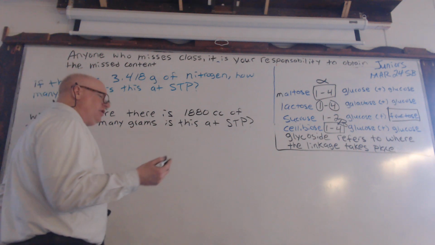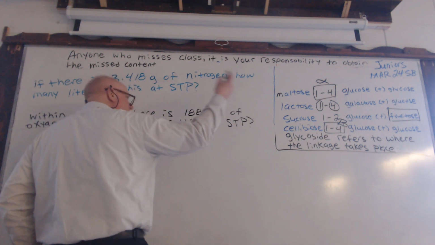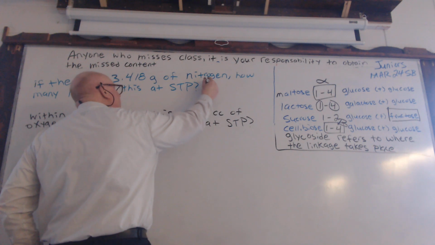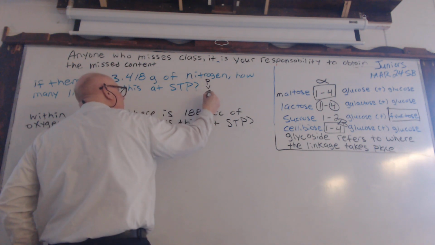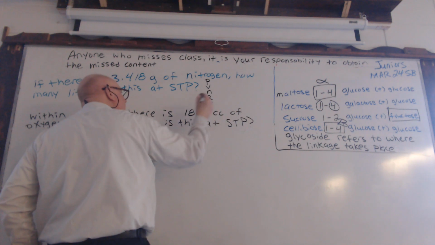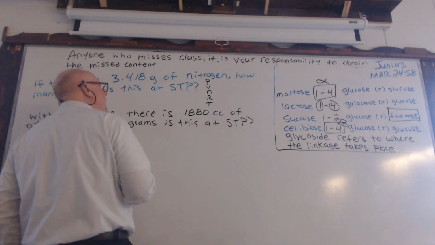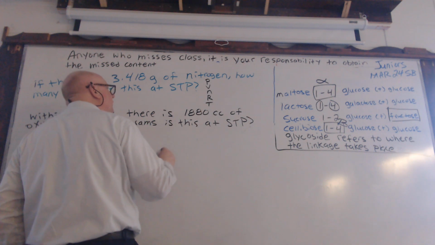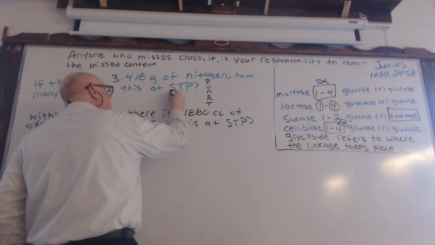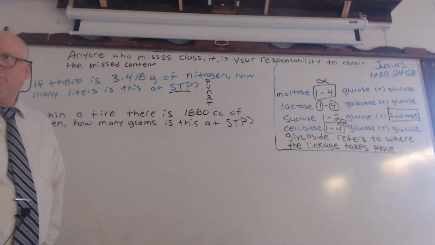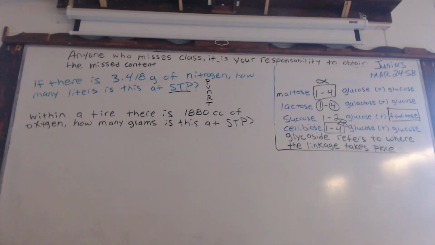Because that is your ideal gas law. Now, this is a little bit down the road, but if it's the ideal gas law, you have that, you have that, you have that, and you have that. So then what that means is when we define STP, what variables can you extrapolate from that?